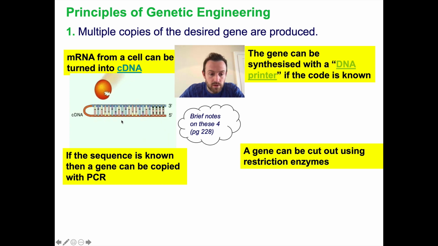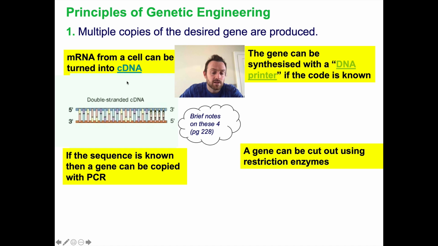So once we remove this first bit of messenger RNA, we can turn it into double-stranded DNA, which looks like this. Okay, so we take single-stranded messenger RNA and we convert it into double-stranded DNA, and that uses an enzyme called reverse transcriptase that we actually isolate from retroviruses like HIV.